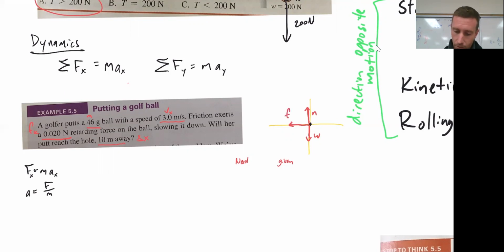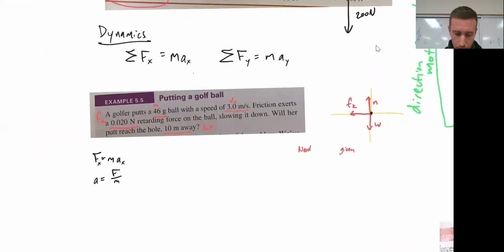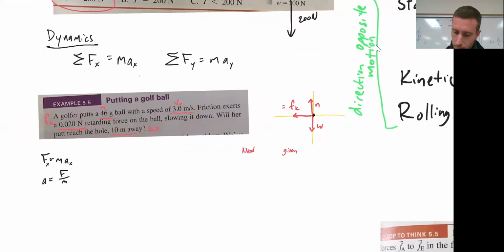So I've got a force of kinetic friction, and I happen to have a value for that one, 0.020 newtons. And this weight is due to the mass. So I also know there is a mass, which is equal to 46 grams, which is equal to 0.046 kilograms, dividing by 1,000.